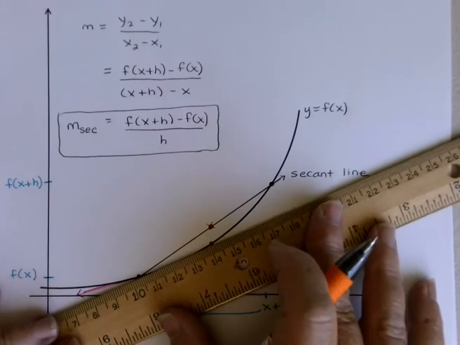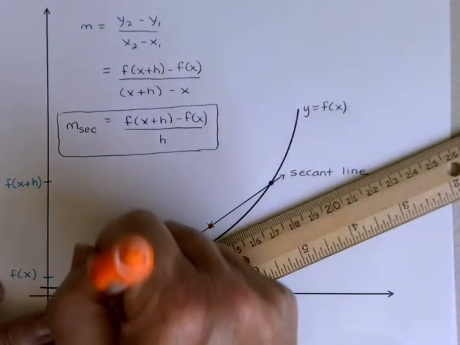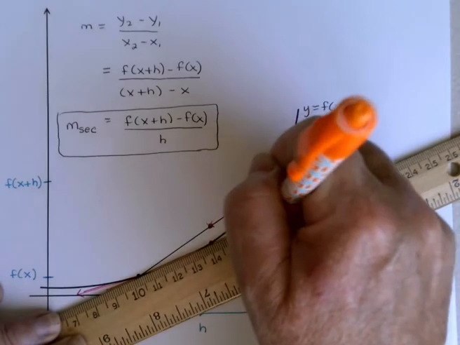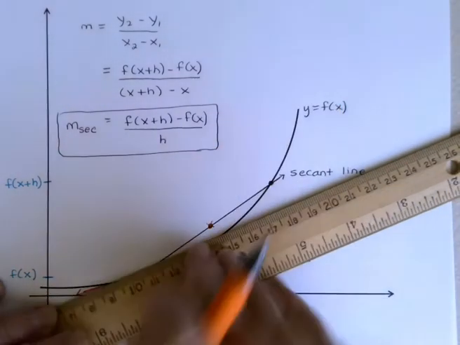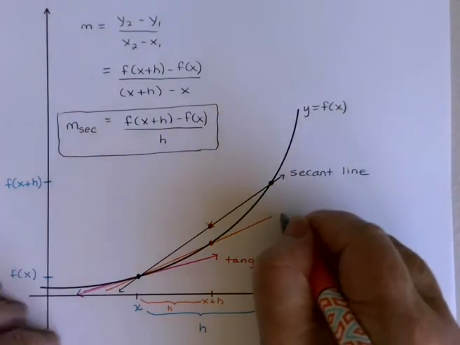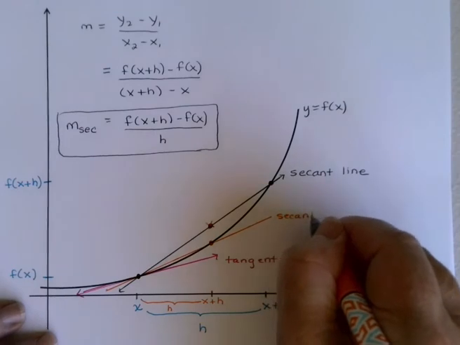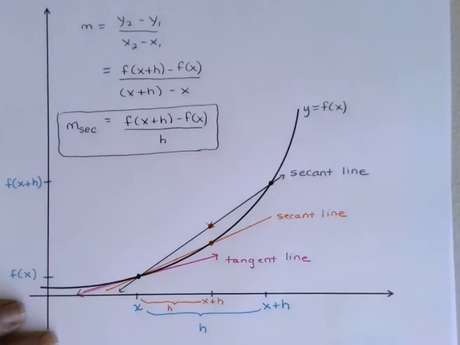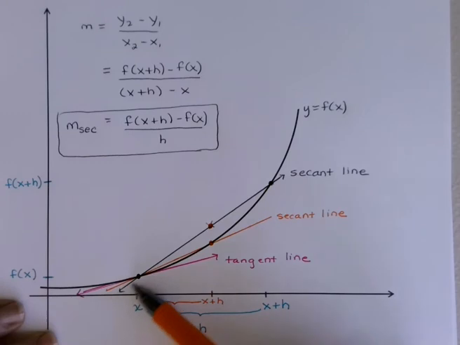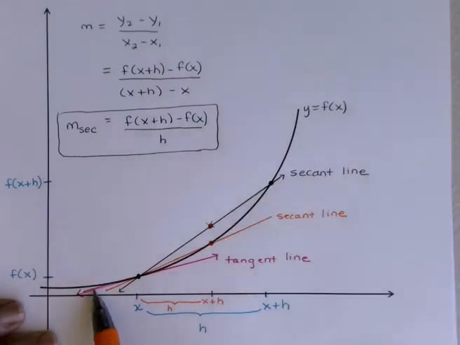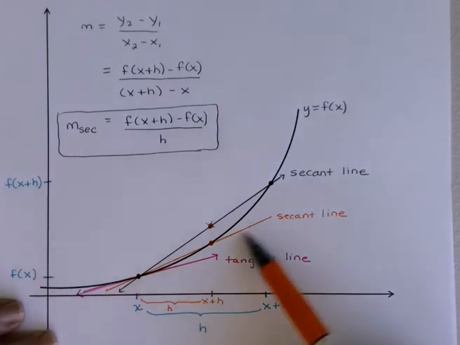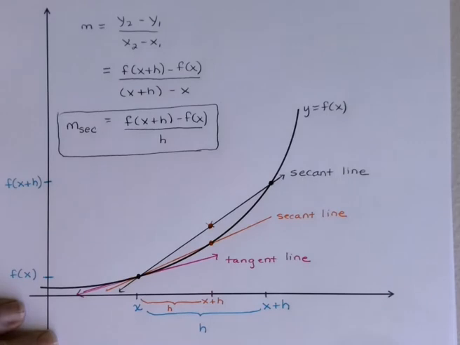And so here's my new secant line. Okay. You'll notice that the first secant line had a slope quite a bit bigger than the tangent line. Now that I'm a little bit closer together in terms of my 2 points, the new secant line has a slope that's quite a bit closer to the actual slope of the tangent line.